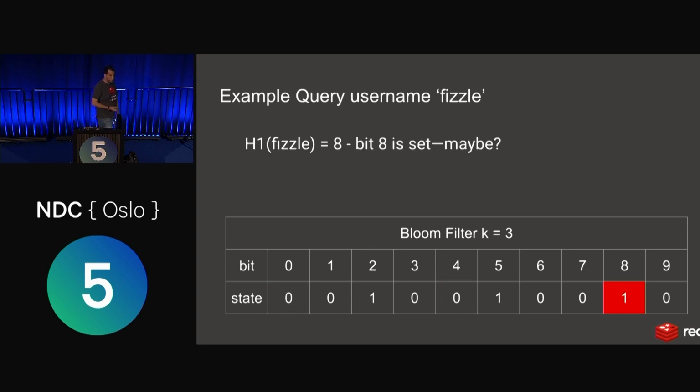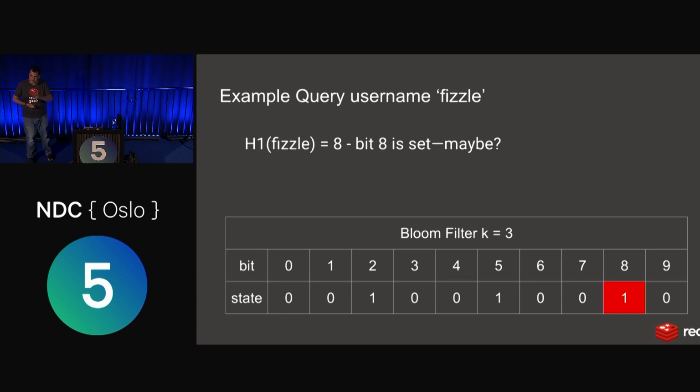So now let's perform a query. H1 of Fizzle, which is our next username that we want to check, is 8. Like we just saw, H3 of Razzle was 8, so that one's already 1. Okay, so that's interesting. We have a username that we know we haven't inserted yet, but we're seeing 1 here.